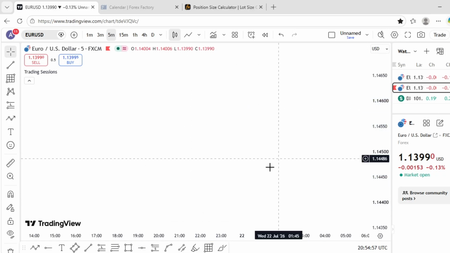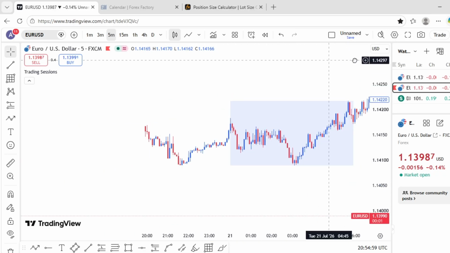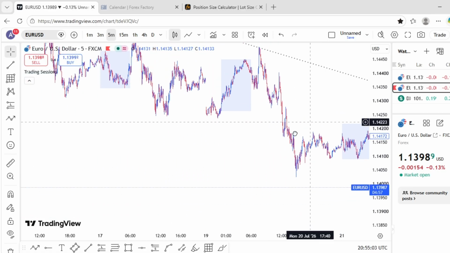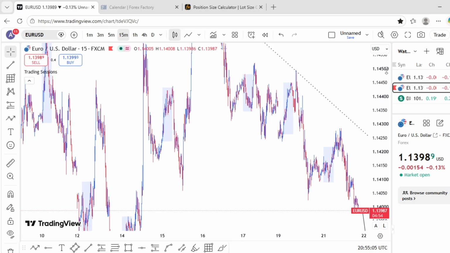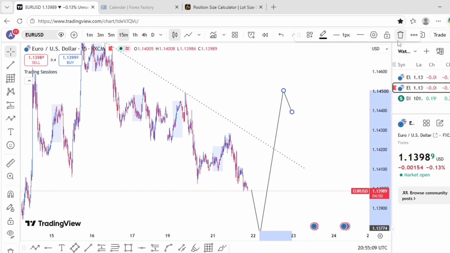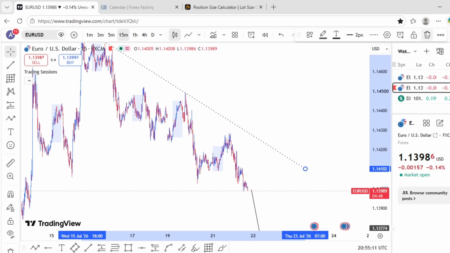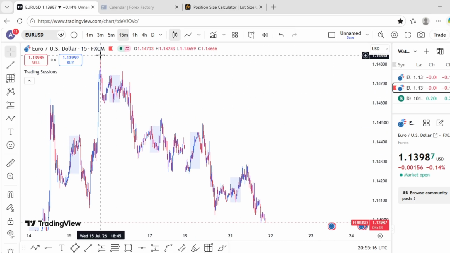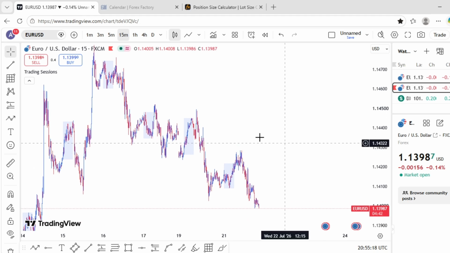So looking at this chart from the 15-minute time frame, you could see that from here we are very bearish. Let me get rid of everything on the screen so that you can see the market is bearish.